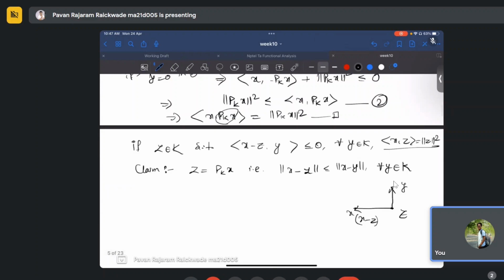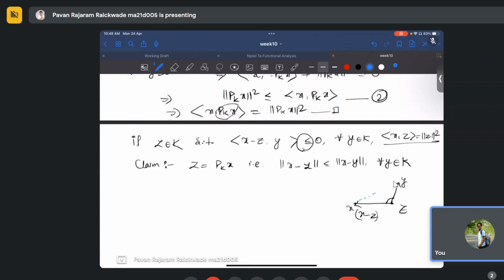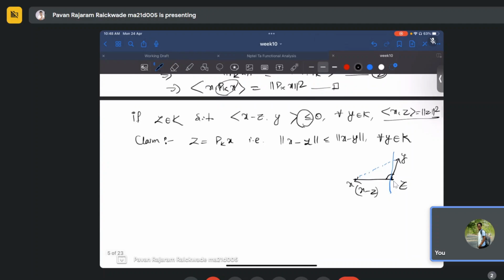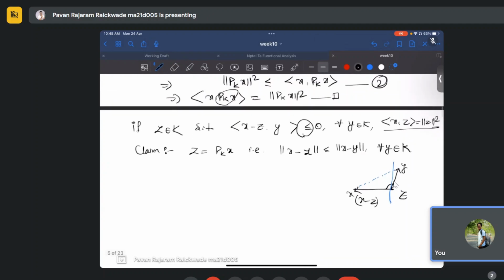Less than or equal to 0 means it's an obtuse angle here. So we can see that Y has to be farther from X than Z. So intuitively it is this, but let's see how we prove it rigorously.